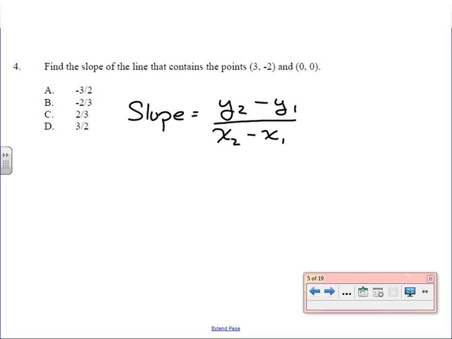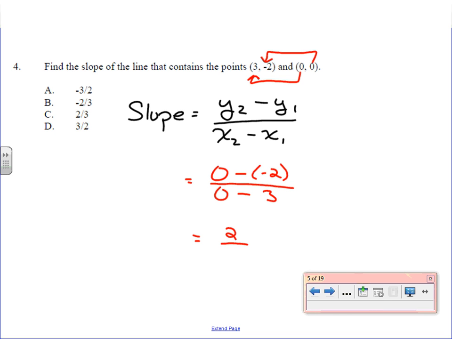And all the formula says is we're going to take the two y's and subtract. In other words, 0 minus a negative 2. So let me write that down. I would do the same thing with the x's. Subtract them. 0 minus a 3. 0 minus a negative 2 would be a positive 2. 0 minus a 3 is a negative 3.